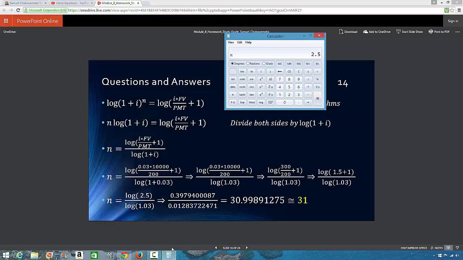Okay, log 2.5. Then I just do log of that. Okay, gives me this. See? Then I just do divided by, recall memory, what I had in the denominator, equal to. So that also gives me 31 approximately. Okay.